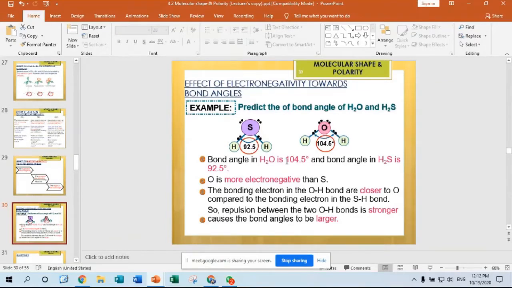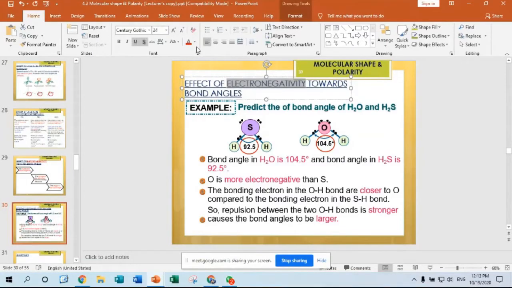Why? Because O is more electronegative than sulfur. So the bonding electrons in OH are closer. That's why the bond angle of OH is larger than SH. Just now we talked about lone pair. Now we talk about electronegativity.